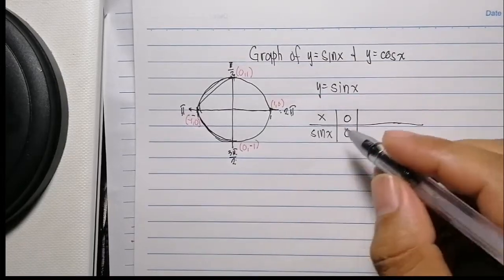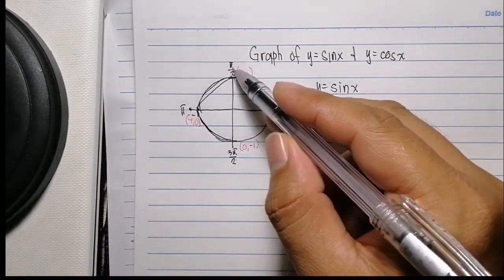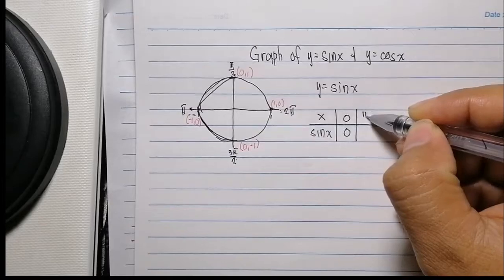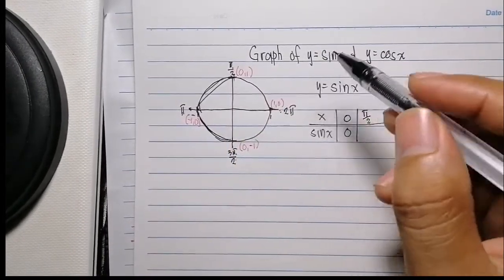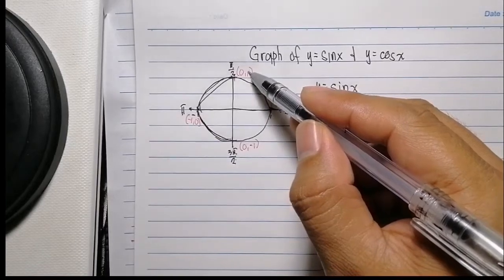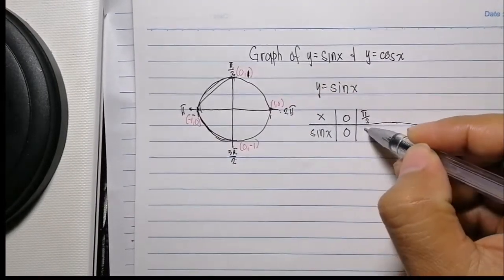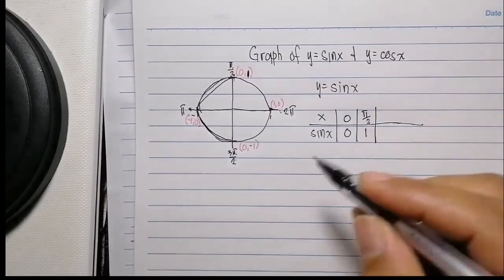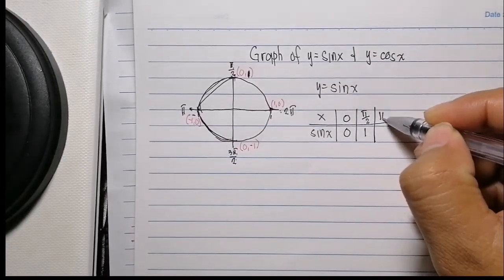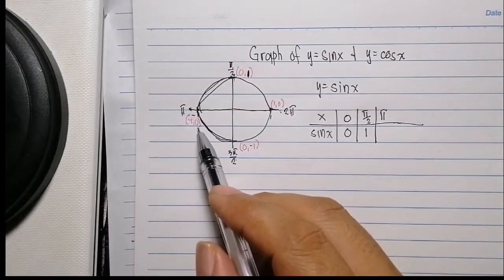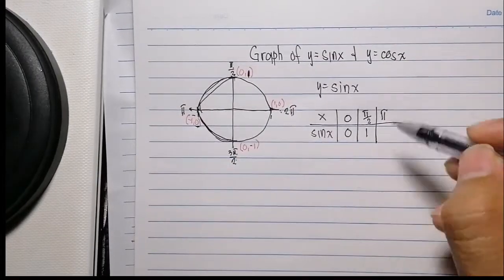What about if x is equal to pi over 2? Then your sin x is equal to 1. If x is equal to pi, then your sin x is equal to 0.